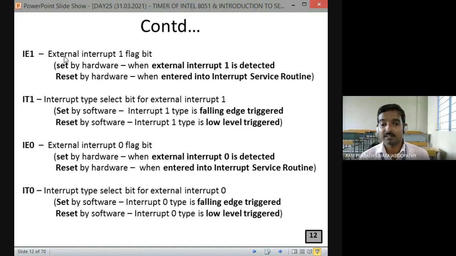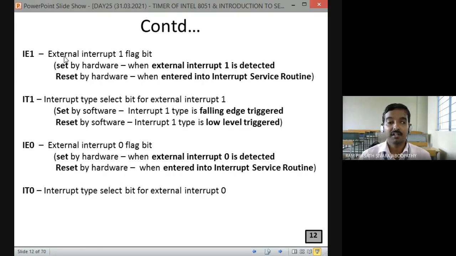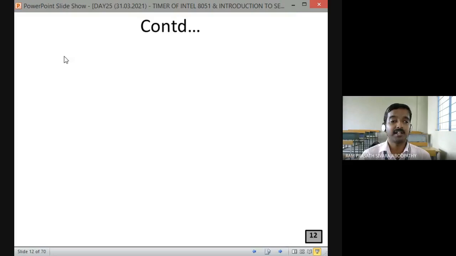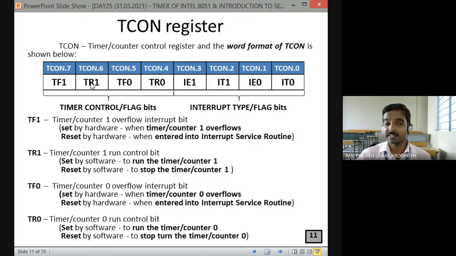TMOD, TCON. Fine. Regarding the TCON register, it is bit addressable. Say for example, if I want to run timer 1, if I want to enable timer 1, which instruction do I have to use? To run timer 1, what should I do with this bit? Set TR1, correct?